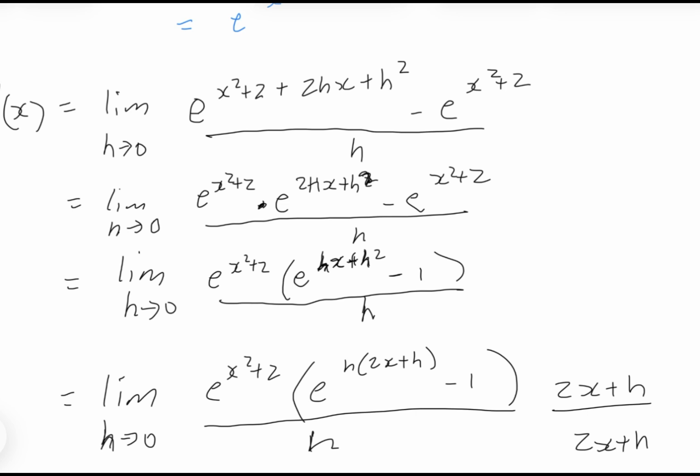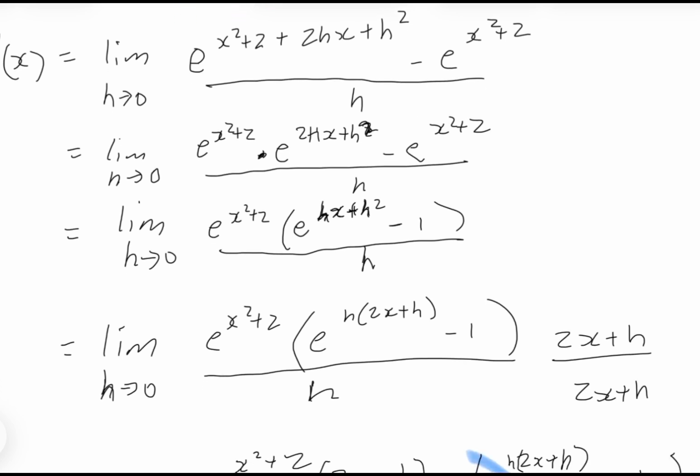So that's going to be the limit as h approaches 0 of e to the x squared plus 2 times e to the 2hx plus h squared minus e to the x squared plus 2. So we can end up factoring out that e to the x squared plus 2 in the numerator. So it becomes the limit as h approaches 0, e to the x squared plus 2, brackets, e to the hx plus h squared minus 1, close brackets, over h.